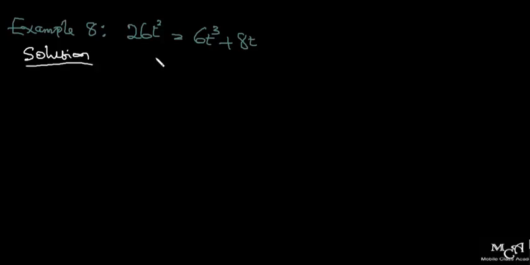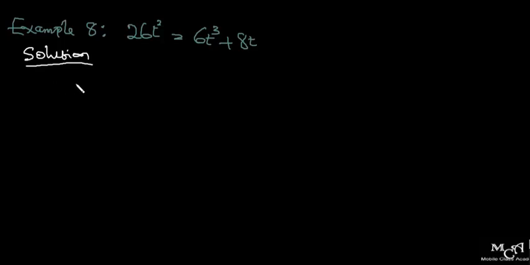Example 8 is 26t squared equals 6t raised to the power of 3 plus 8t. So what is the solution? How are we going to solve this? First, we need to rearrange this equation.